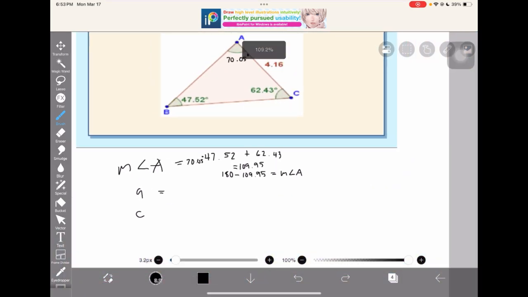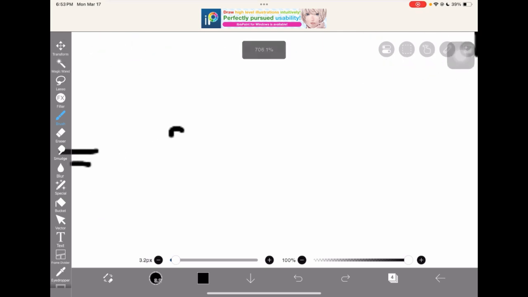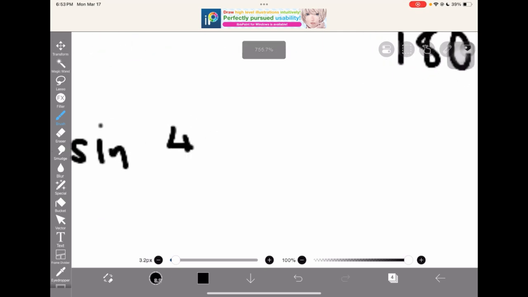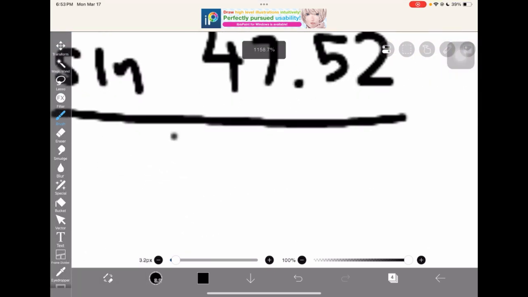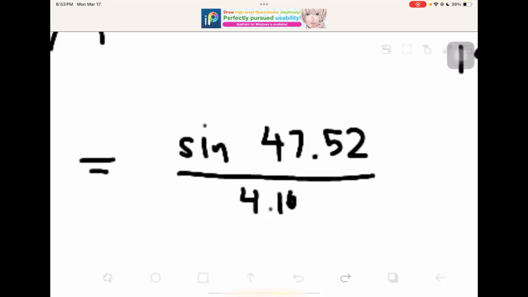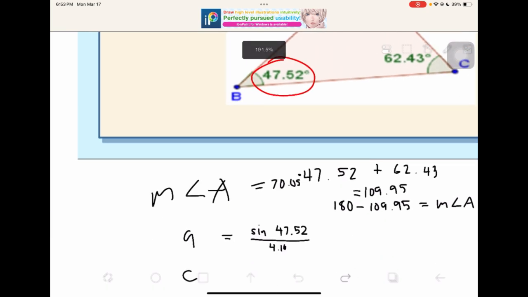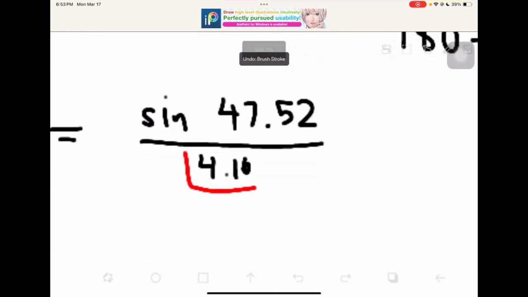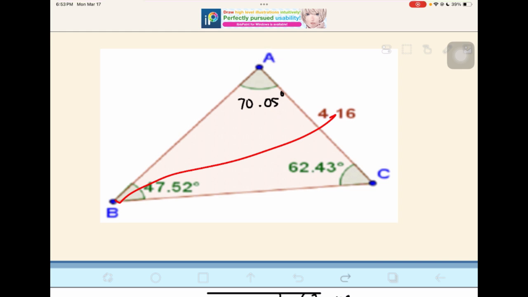Angle B is 47.52, so we can just put in sine 47.52 over 4.16. Now, if you're confused, the one at the top is just sine of angle B, and what I put here, 4.16, is the side opposite to angle B.